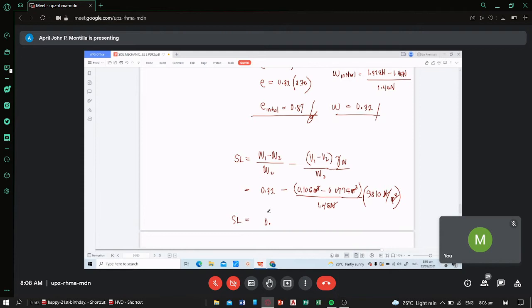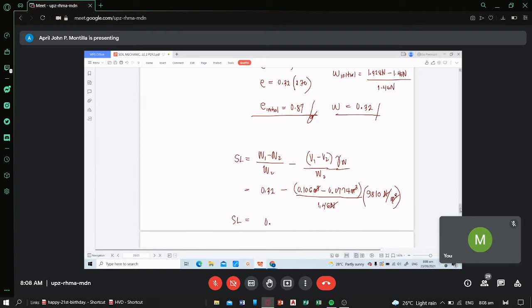Negative? Bakit negative? 0.0774. Mas malaki to. Anong value negative? Negative 191.85.